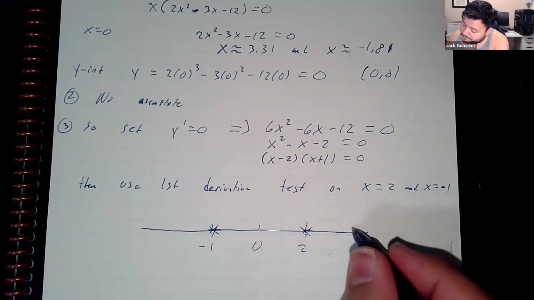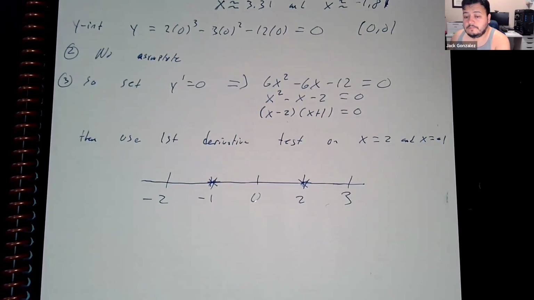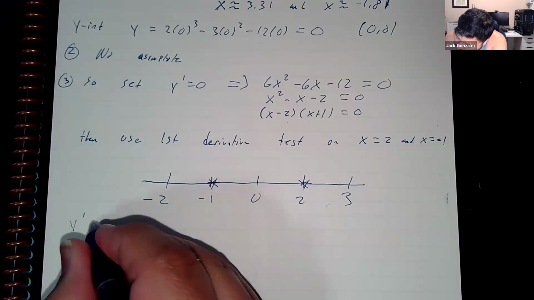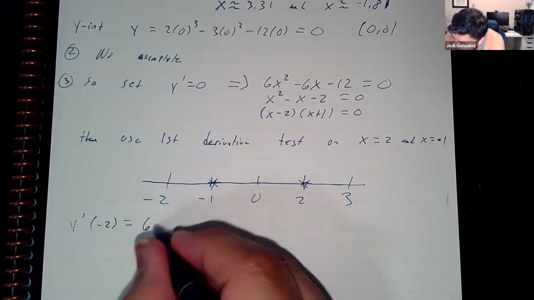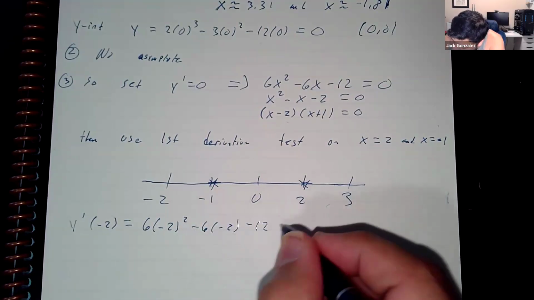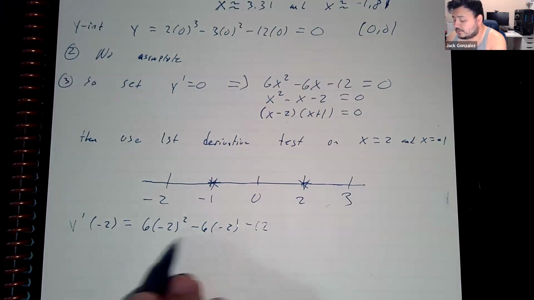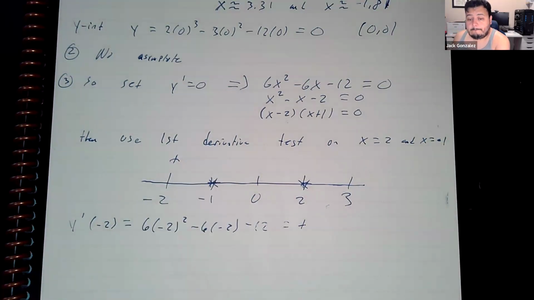So let's choose 0, 3, and negative 2. Okay. So y prime at negative 2 would be 6 times negative 2 squared minus 6 times negative 2 minus 12. This would be 4 times 6 is 36, positive, positive, so that's plus, right?